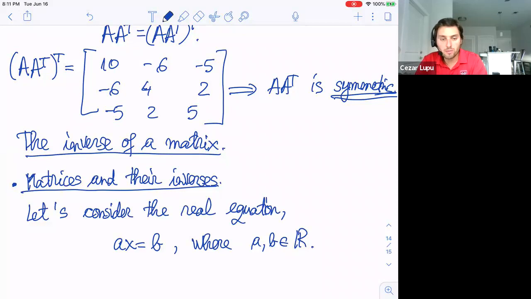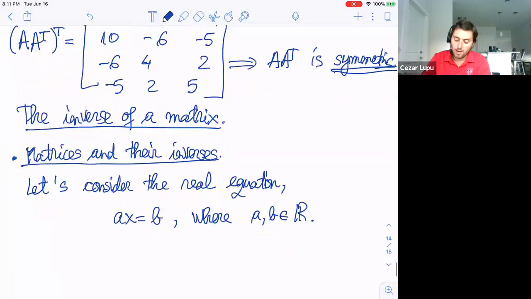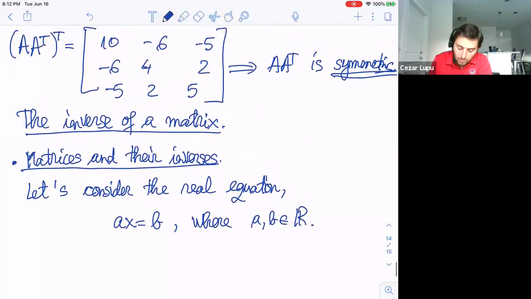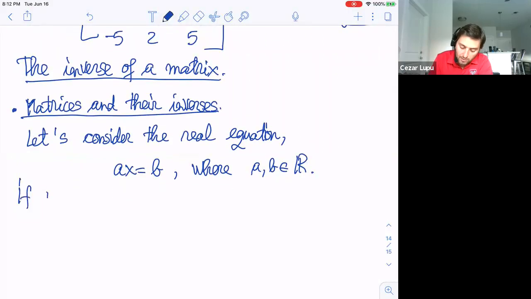So if A is 0, then I have B equals 0. So there is nothing to, I have 0 equals 0. So I can always divide by a number to form a fraction as long as the denominator is non-zero, right? So to solve this equation, if A is not 0, then I can divide by it.